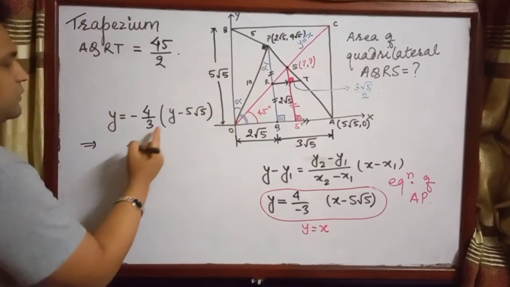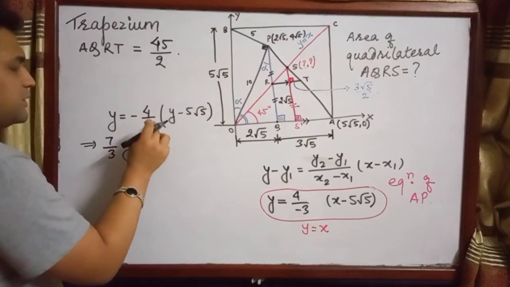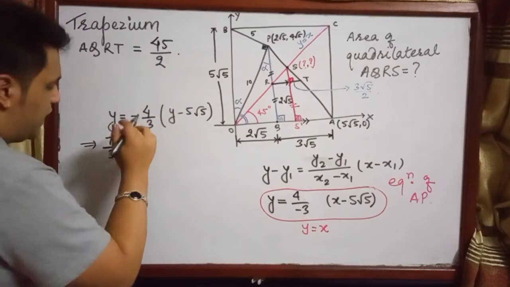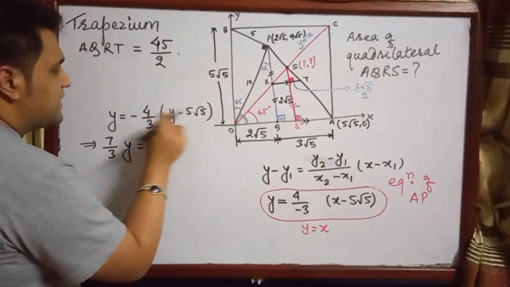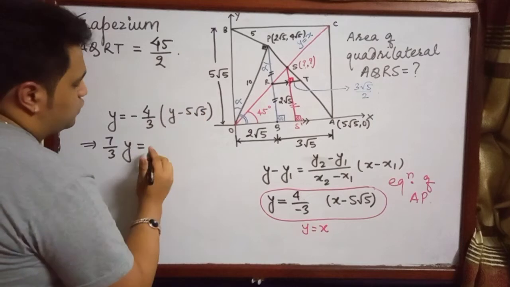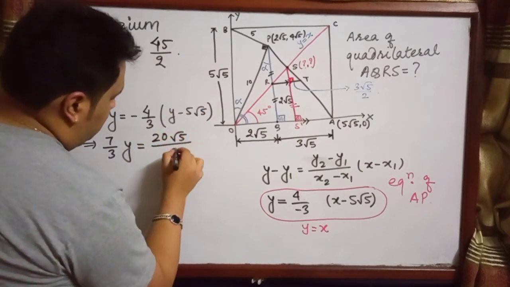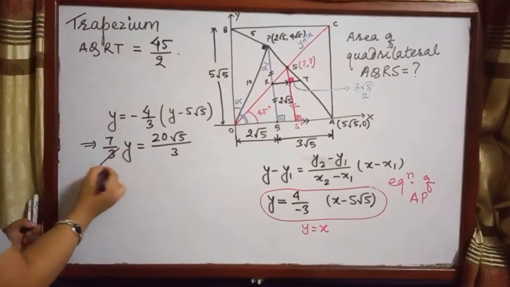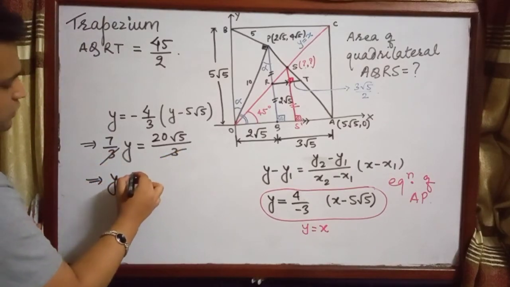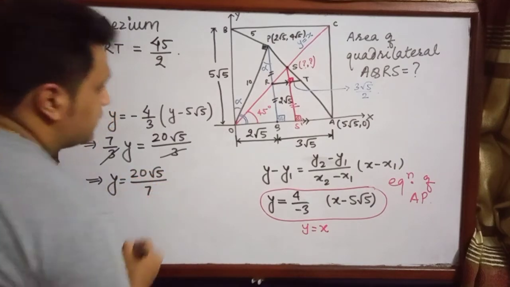This means we have 7 by 3 y, okay, 7 by 3 y plus 1 plus 4 by 3 y, and minus times minus means plus, so 4 times 5 means 20 root 5 by 3. You can cancel this 3 with this 3, and y will be equal to 20 root 5 by 7.